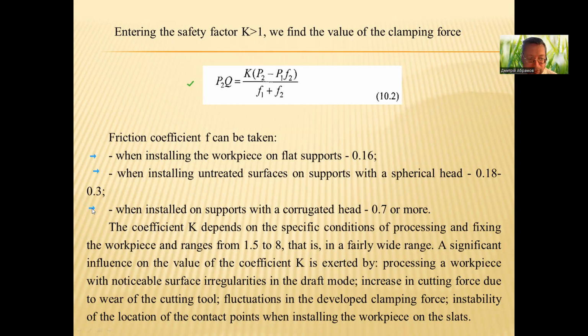A significant influence on the value of the coefficient K is exerted by processing a workpiece with noticeable surface irregularities in the draft mode, increase in cutting force due to wear of the cutting tool, fluctuations in the developed clamping force, and instability of the location of the contact points when installing the workpiece on the supports.